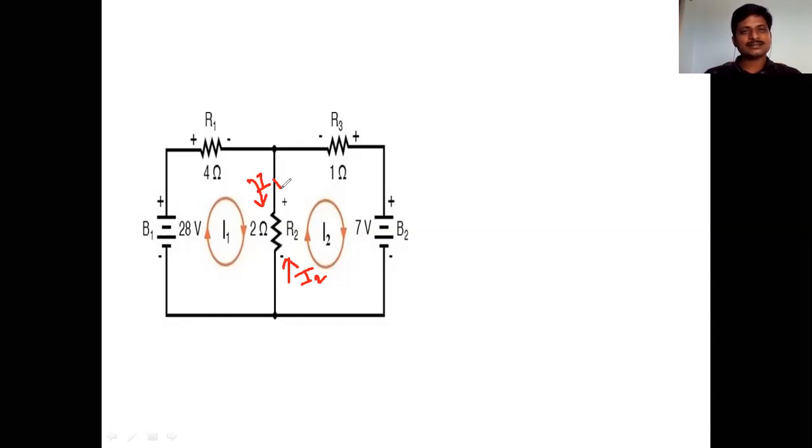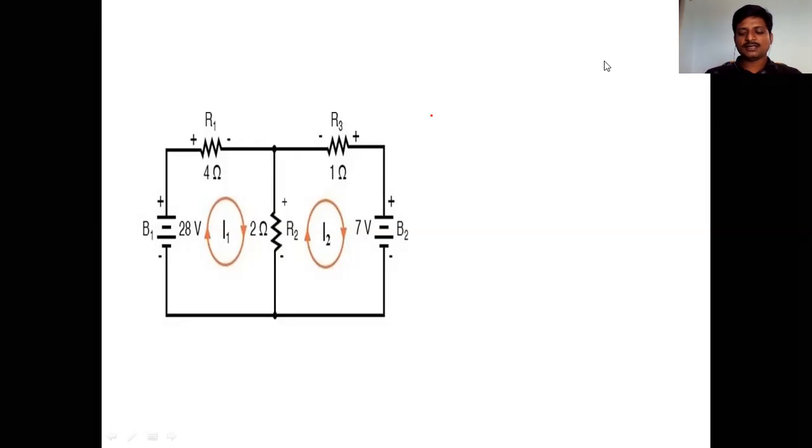Suppose I1 is 10 amperes and I2 is 2 amperes. They are in opposite directions, no? So you have to subtract each value. So 10 minus 2 will become 8 amperes in the direction of I1. Suppose you are applying KVL in loop 2, that I will tell you while we are applying the mesh equations.